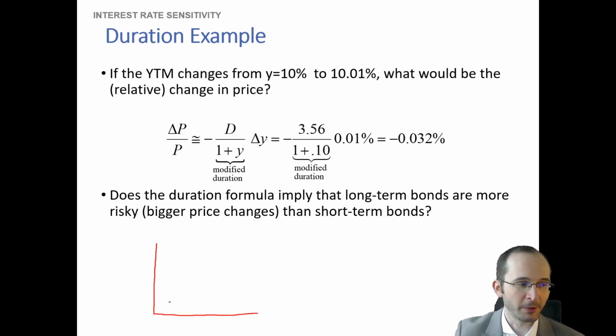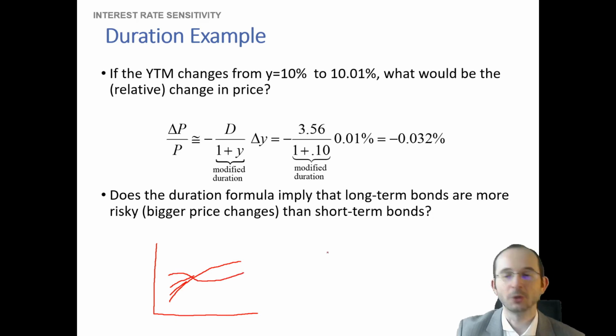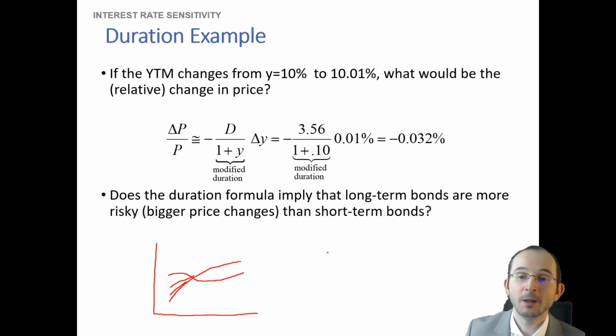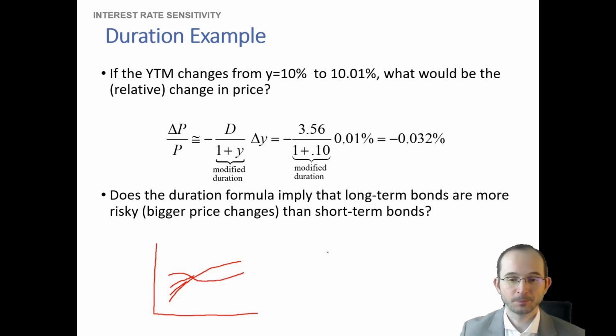Remember, we started with an upward sloping term structure, and then at some point the short-term rate started creeping up, and the long-term rate didn't really change too much. Eventually we ended up with a hump shape, where the long-term rate did come down some, but we saw the short-term rate oscillate far more.